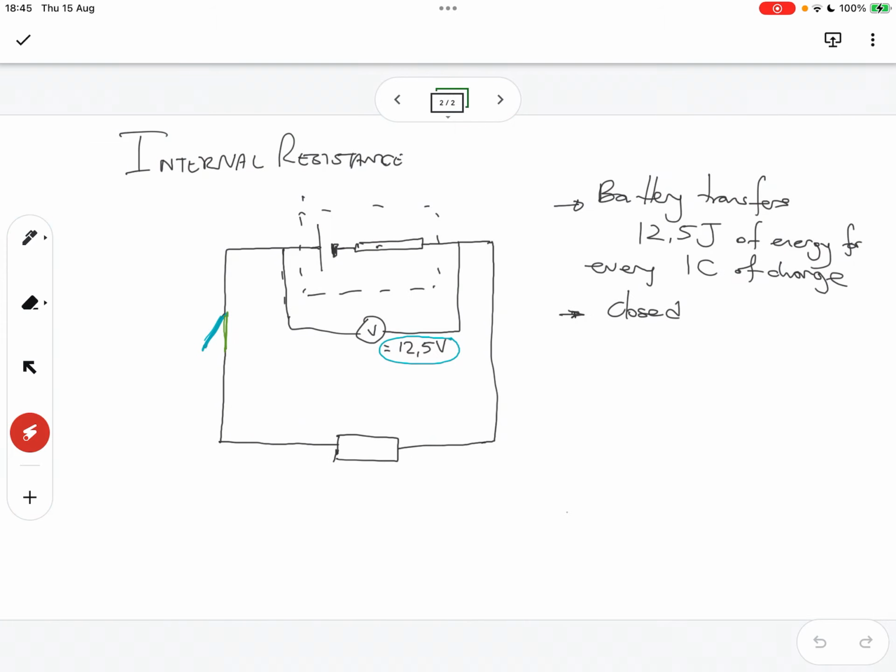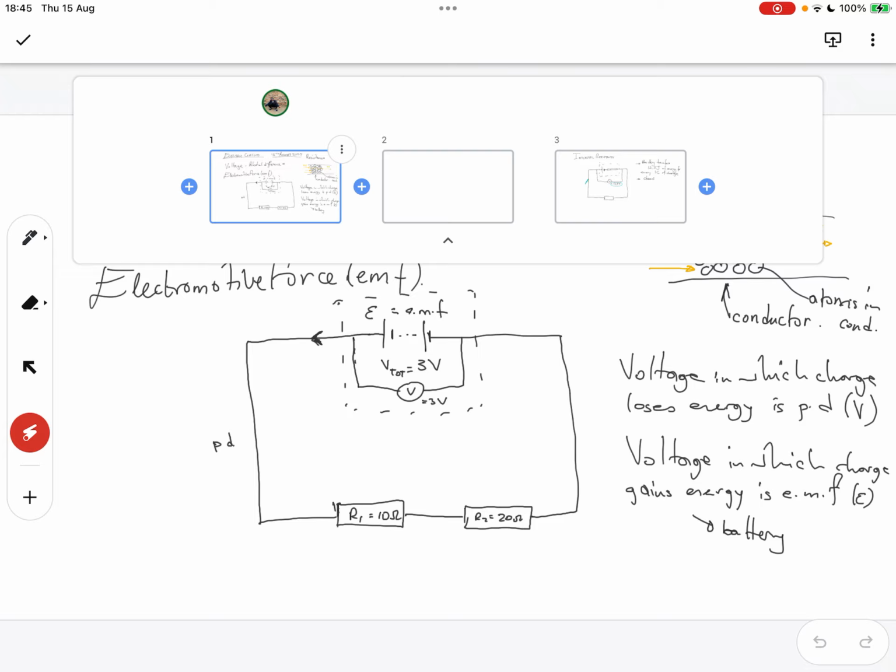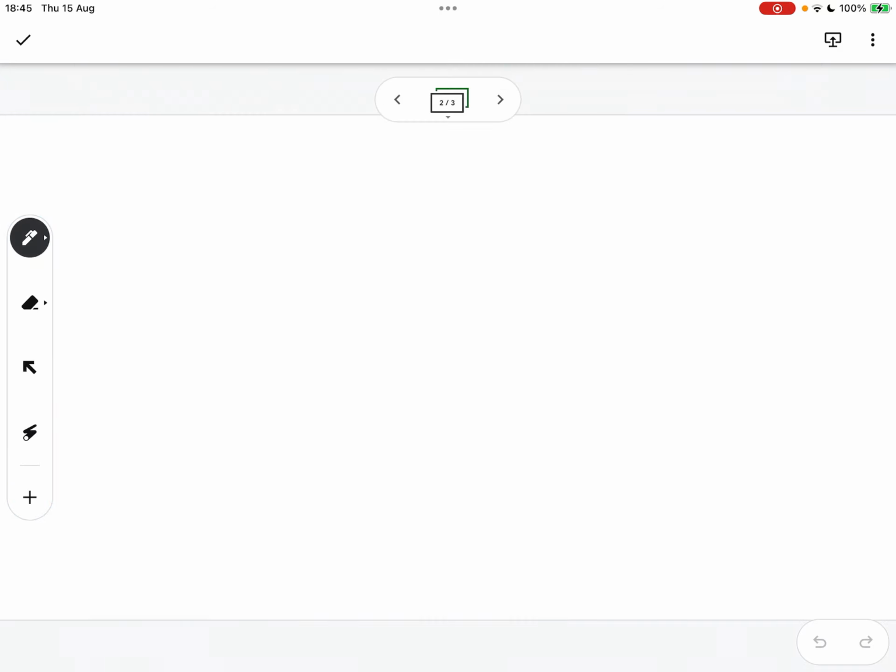So there's a reminder here we need to always keep in mind from our grade 10 and 11 work.